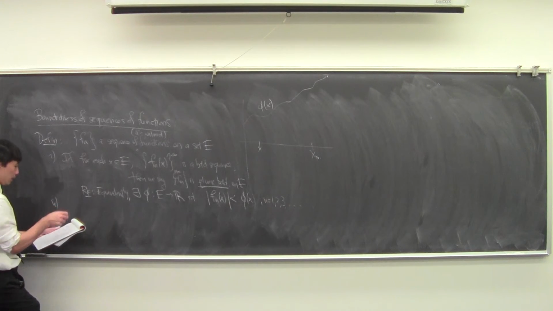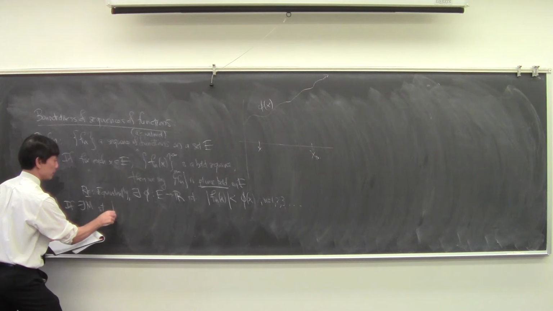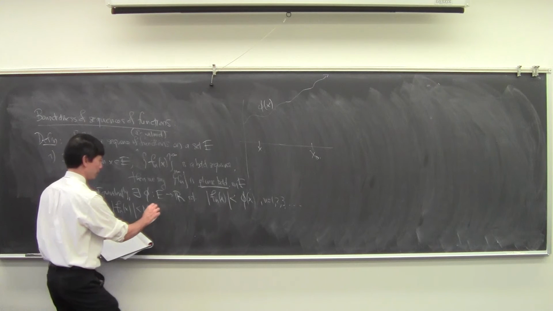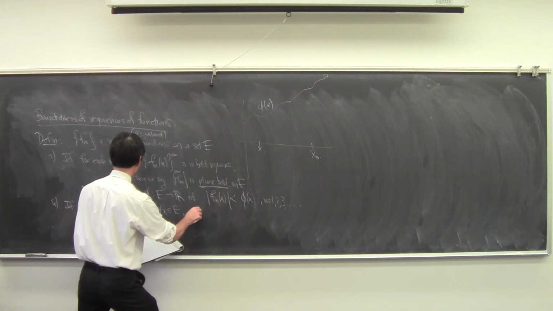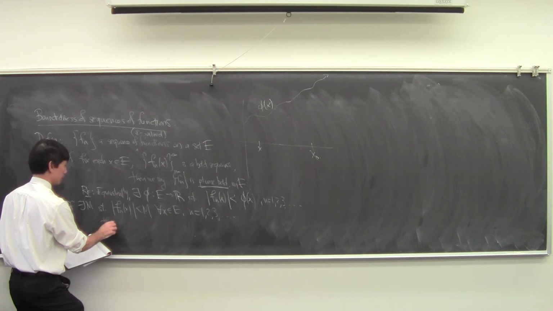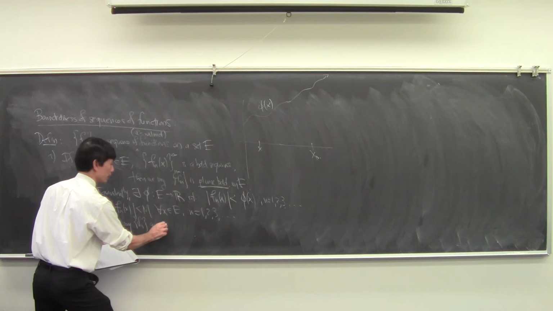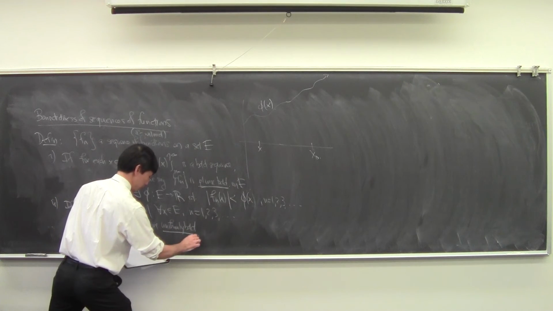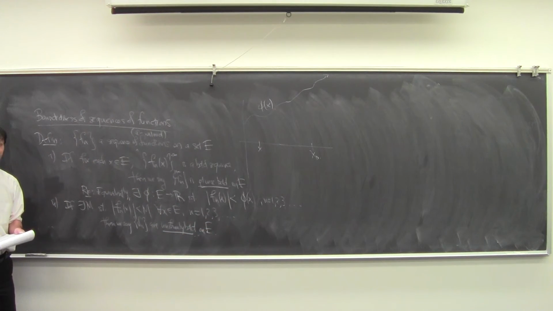Okay. So second definition: if there exists an M such that |f_n(x)| is less than M for all x in E, for n equals 1, 2, 3, etc., then we say the f_n are uniformly bounded on E. Okay.